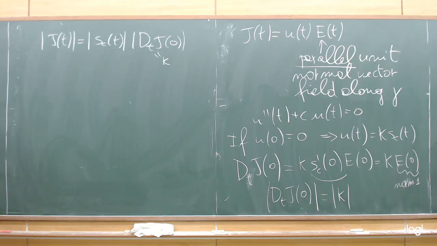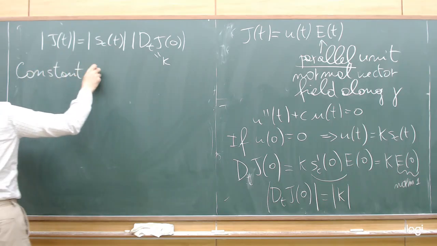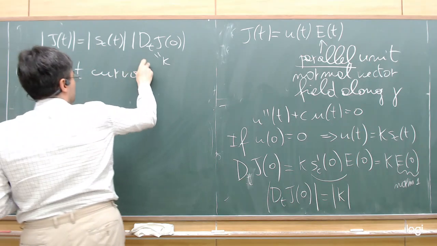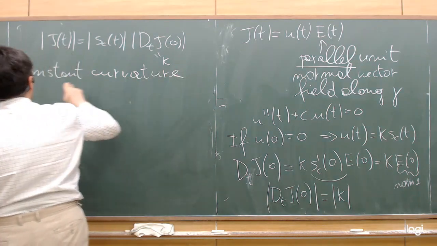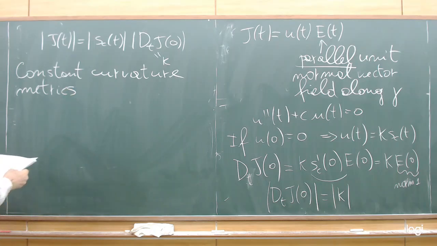Now, in order to prove the formula for constant curvature metric in normal coordinates, I need to introduce some definition.